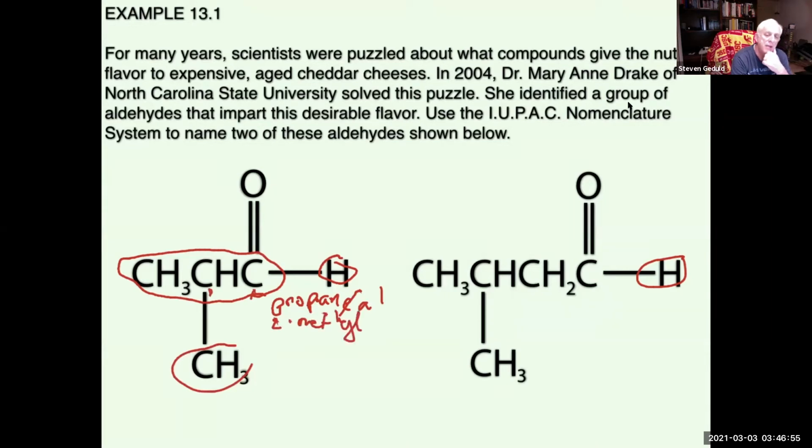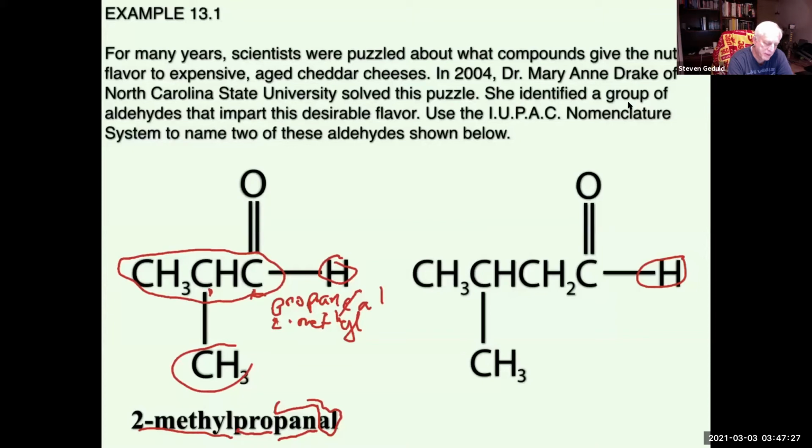So 2-methylpropanal. That tells you everything you need to write in the name. There's an AL ending, which means aldehyde. Prop means 3 carbons. An means all single bonds. And there's a methyl group at the number 2 carbon.